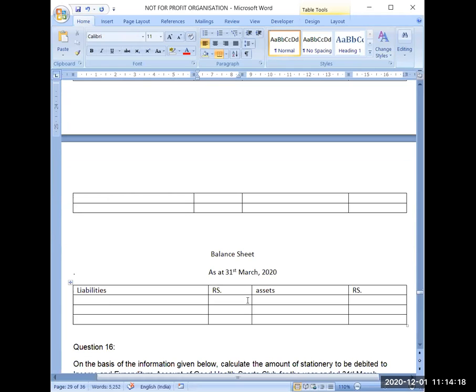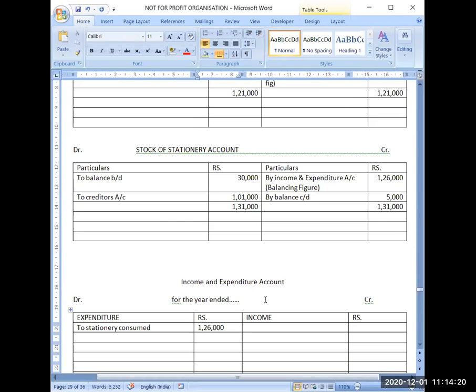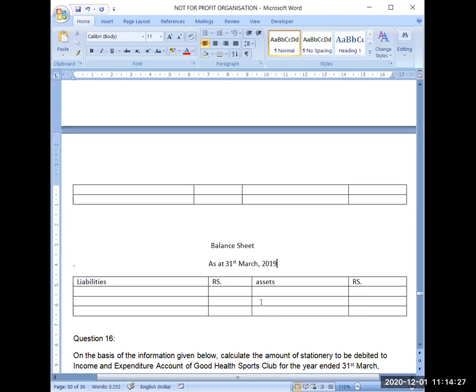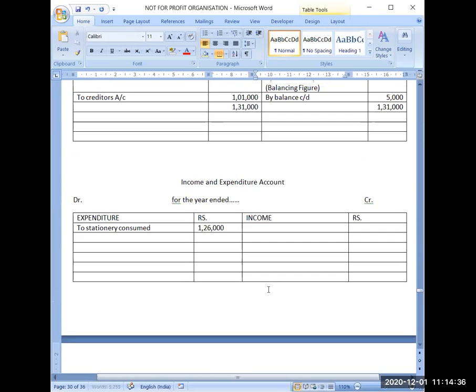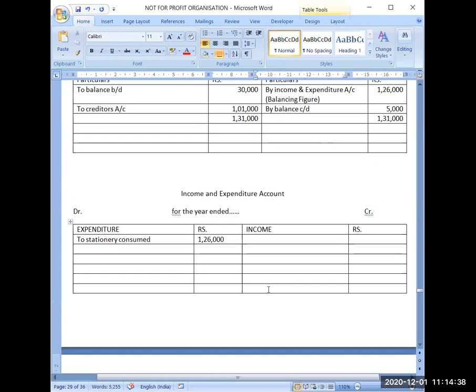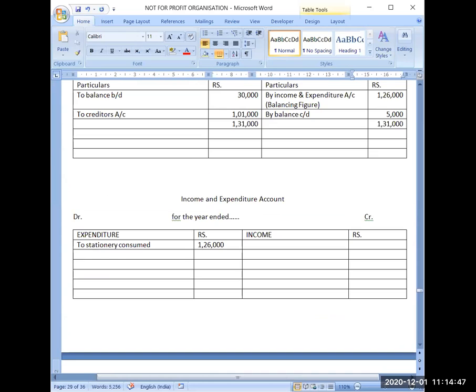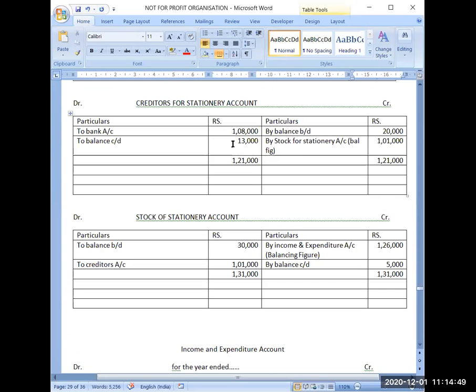And when you will be preparing the balance sheet for the current year as at 31st March 2019, then whatever stock of stationery you are having as the closing balance, it is 5,000. That will come here in the closing balance sheet. And the closing balance of creditors is 13,000.